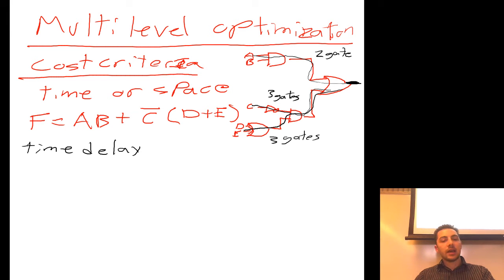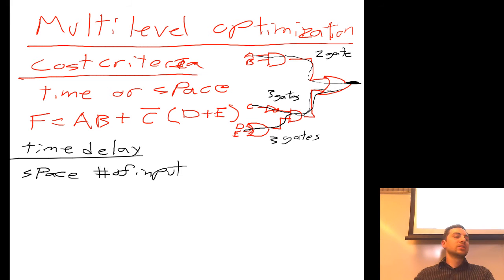We can also look at it based on space. So that's time, in gate delay. Another way is space, where we look at the number of inputs. Because all things being equal, every input needs two FETs or two complementary gates. So let's count up the number of inputs.